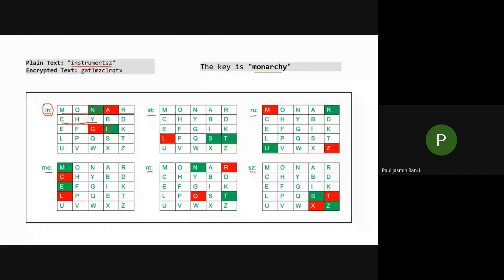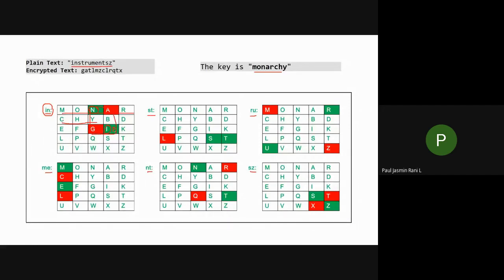Third scenario means you have to form a rectangle, isn't it? So these are the two ends. You are going to form a rectangle like this. After forming the rectangle, you have to see for N. For this I, let us consider this is your plain text P1. For this plain text P1, the other end of this one is G, isn't it?